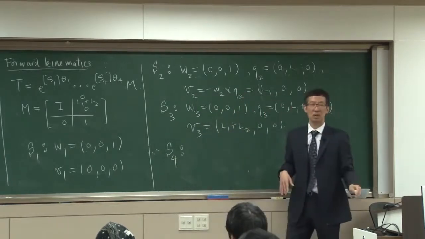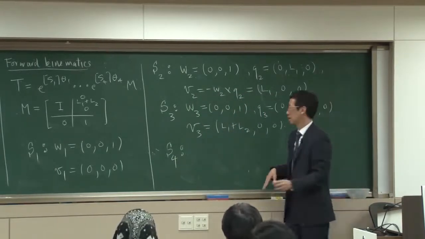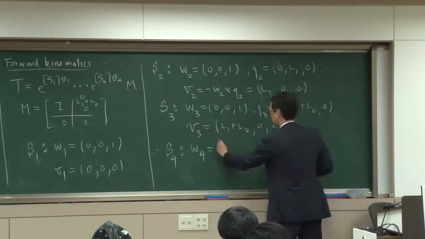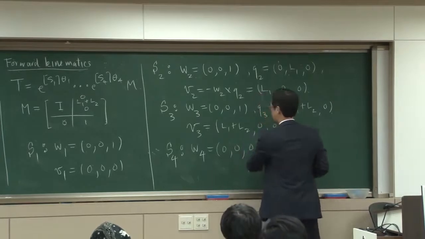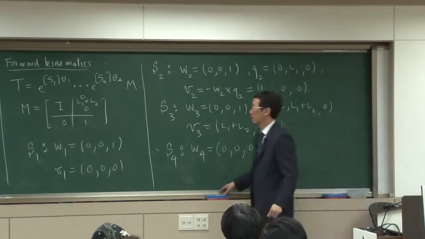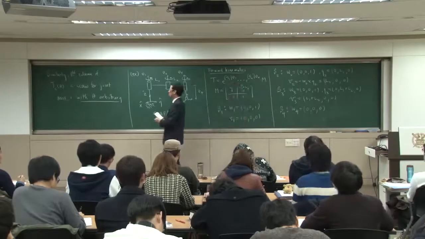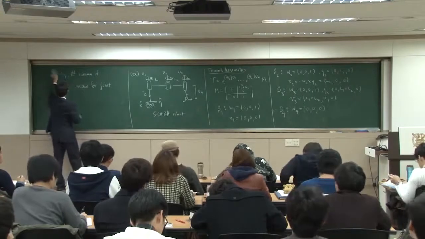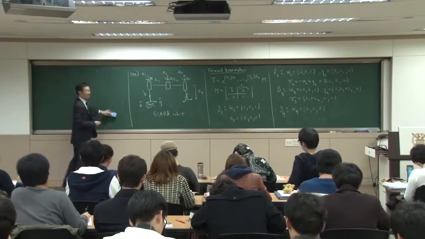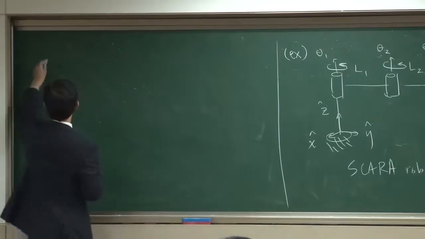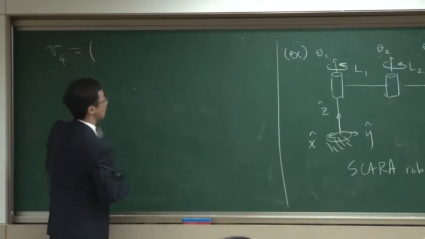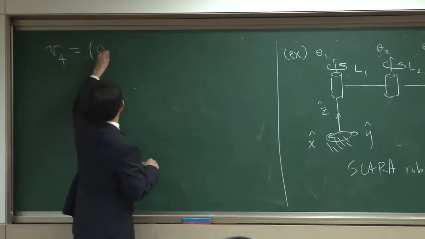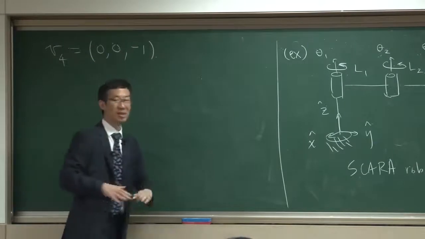S4, prismatic joint. Omega 4 is 0. Prismatic joint. So omega is 0, but V is the joint axis, the unit vector in the direction of the joint axis. V4 is, what do you think? 0, 0, minus 1. Very good. Okay, done.